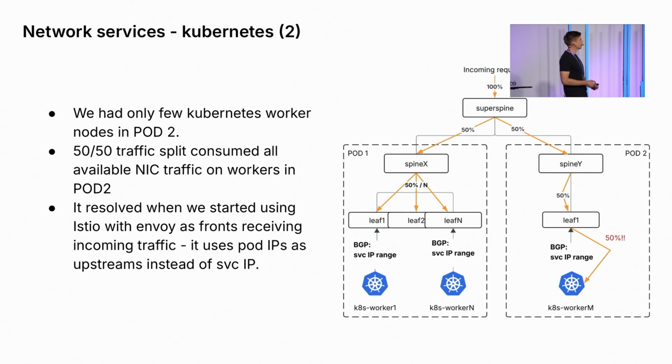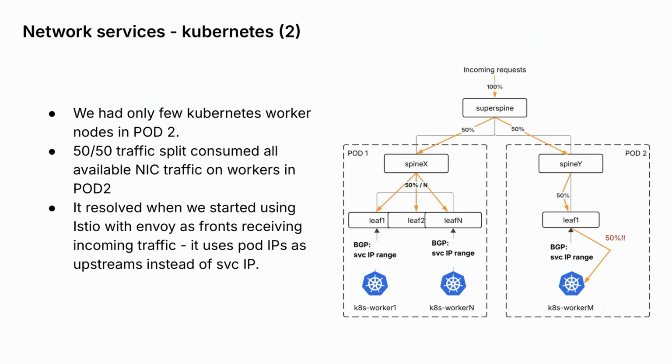And yeah, now I would like to talk about the issue we had with this service IP. This is the three-tier Clos topology. We have a superspine there, and at one point we had all of the Kubernetes workers in pod 1, and all of the traffic going to service IPs would go to superspine and then to spine X in pod 1 and get distributed there.